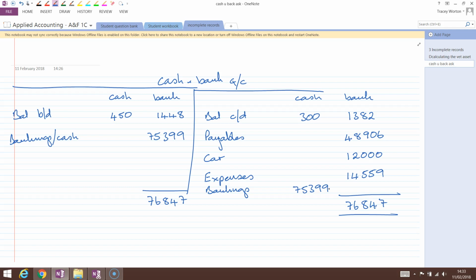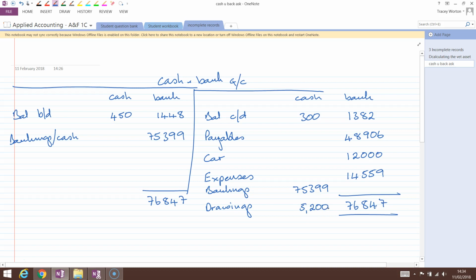So the other entry that we've got from Andrea, she tells us that she actually makes a drawings figure of £100 a week coming out of the petty cash tin. So if we assume therefore that she actually takes a 52-week year, it will mean then that she has personal drawings coming out of the cash tin of 5,200.